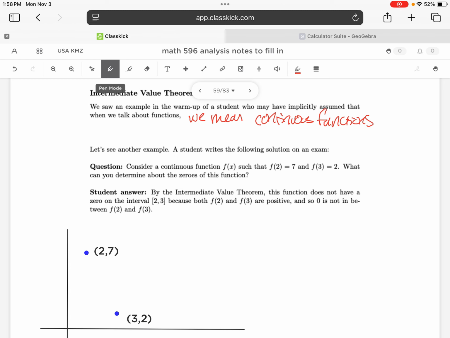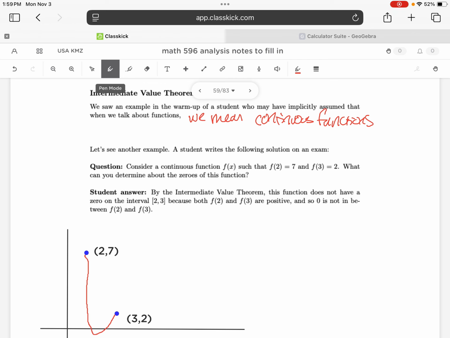If f(a) and f(b) have opposite signs, then f must have a 0 on that interval. That doesn't mean that if f(a) and f(b) don't have opposite signs, then it doesn't have a 0 on that interval. We can come up pretty quickly with an example of a function that does have a 0 on this interval. It just has to drop pretty steeply, cross the x-axis, and then come back up again.